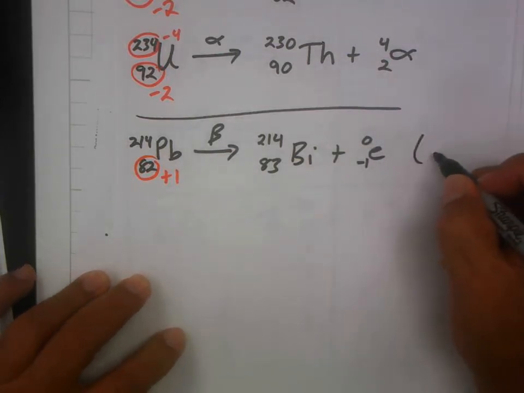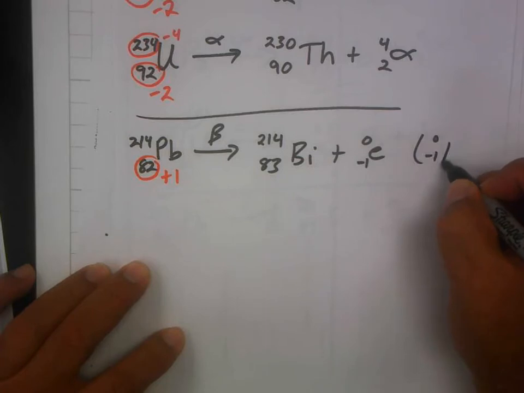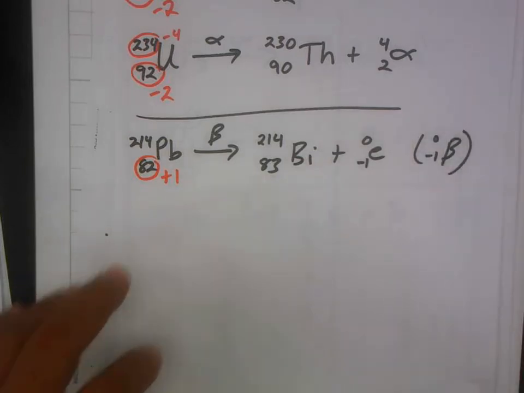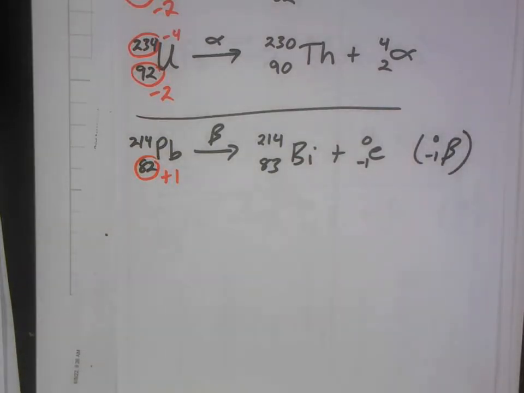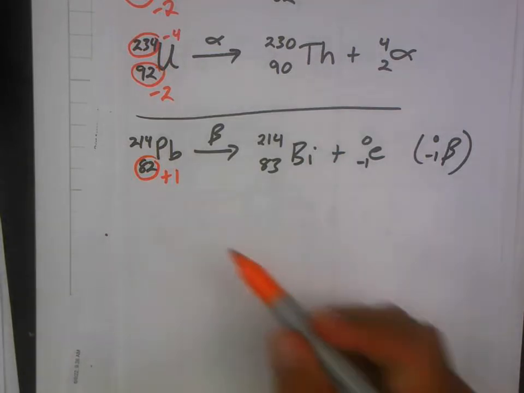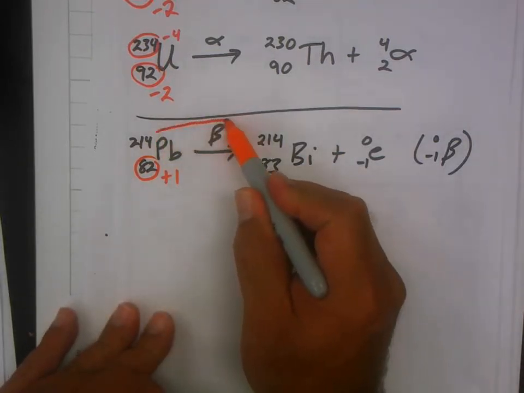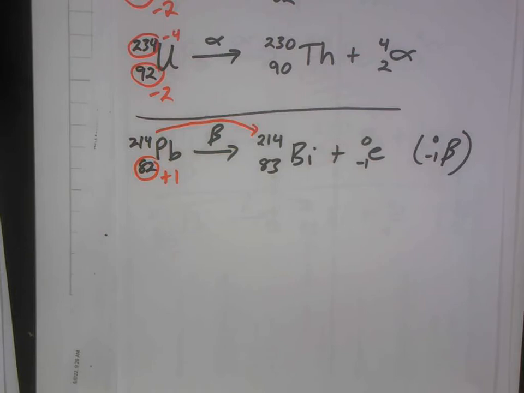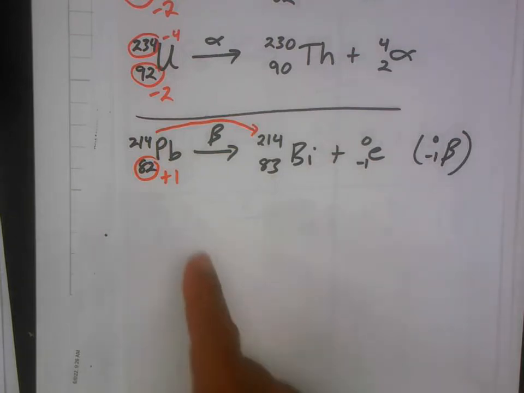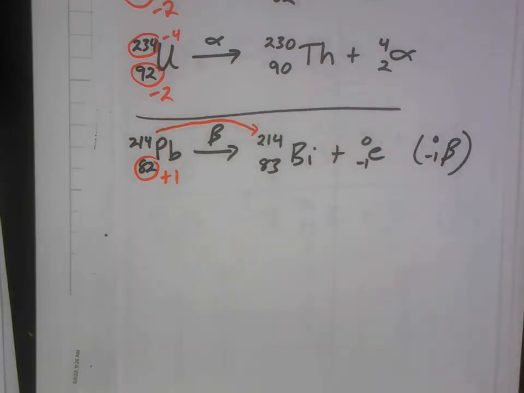Or you could also have put 0 and -1, a beta. One or the other, one of these two will work. Once again, note that our 214, the mass number, was just transferred over. We didn't change it. And the atomic number went up 1. Different from alpha decay. Questions on that?